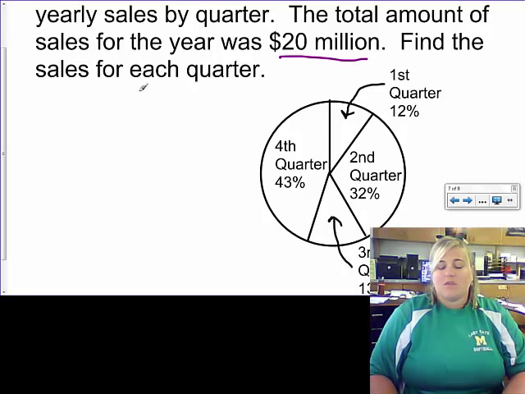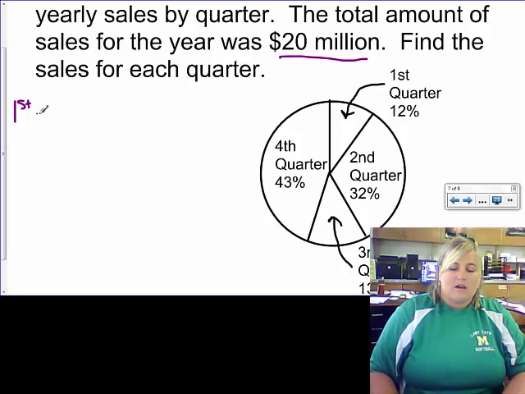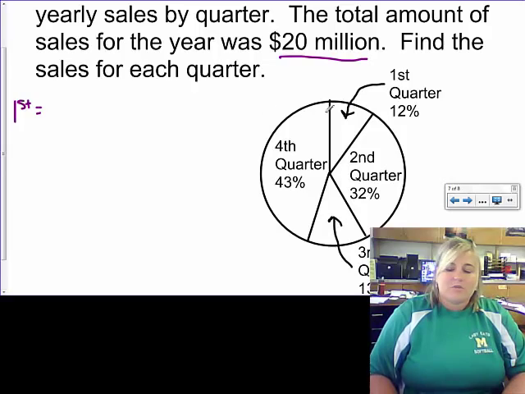So let's find the sales for each quarter. So we'll start with the first quarter. How many sales were there in the first quarter? In the first quarter, I know that 12% of the sales were at that time. So instead of saying 12%, I'm going to change that to a decimal. I can move the decimal 2 places to the left.